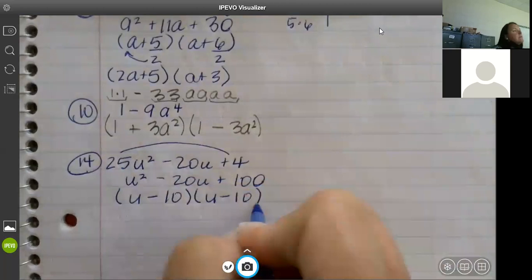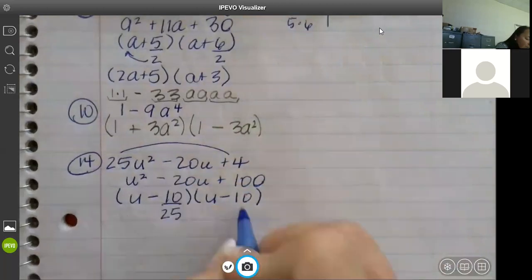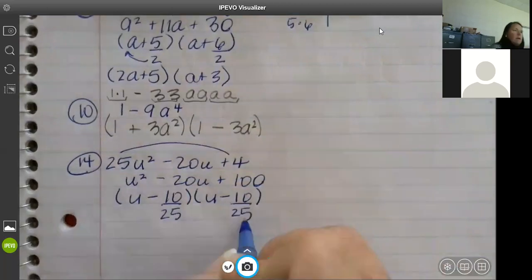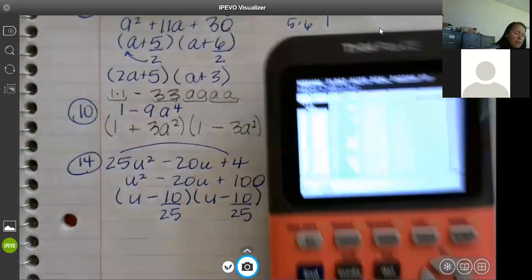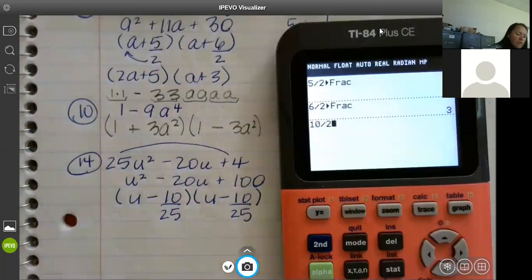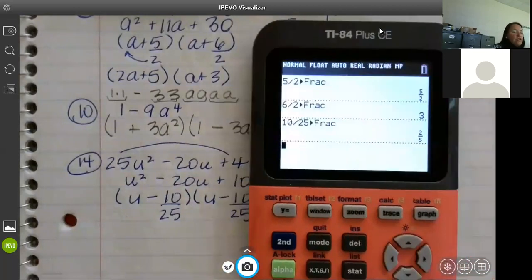Don't forget, you did slide. Now you have to divide. And don't do this twice. They're both the same. So once you do one, you can do the other one. I'm going to check to see if 10 over 25 reduces. So math, enter, and it gives me 2/5.